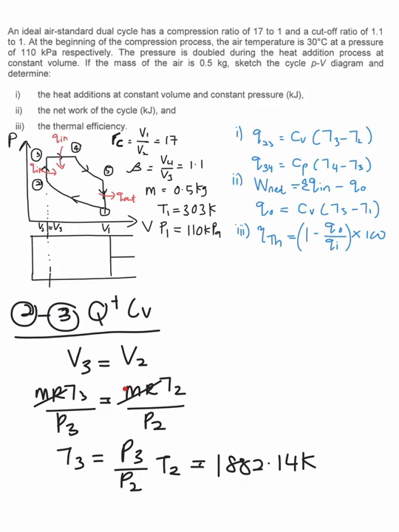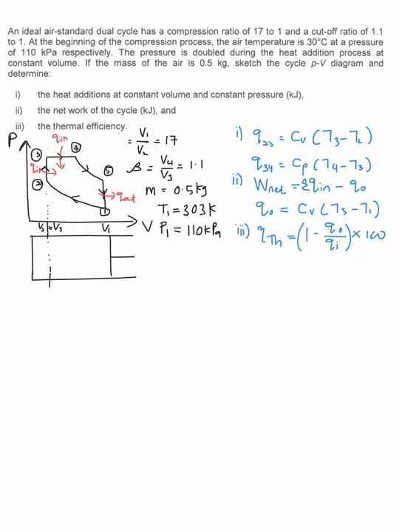So you can cancel out these two terms and be left with this equation here. We have already found your P2 and T2, and also P3 is 2 times your P2, and when you plug in all the values, you are going to have this temperature. If you want to check, you will see that your T3 value must be higher than your temperature at 2.